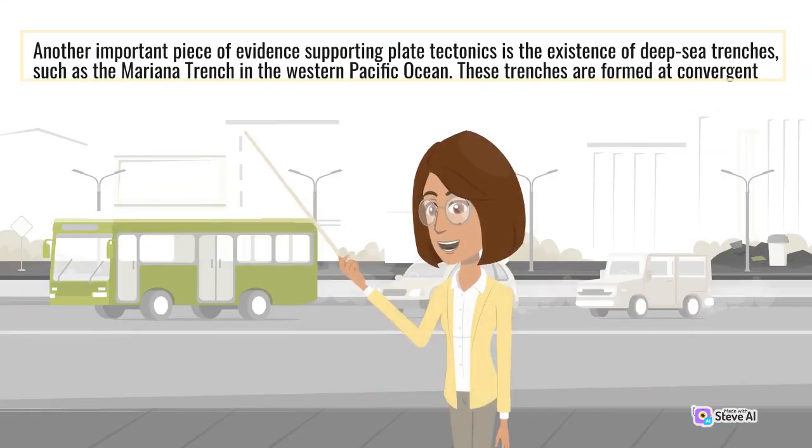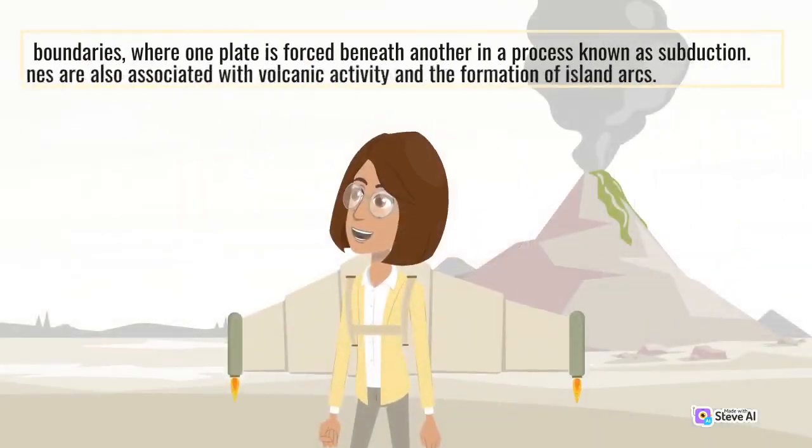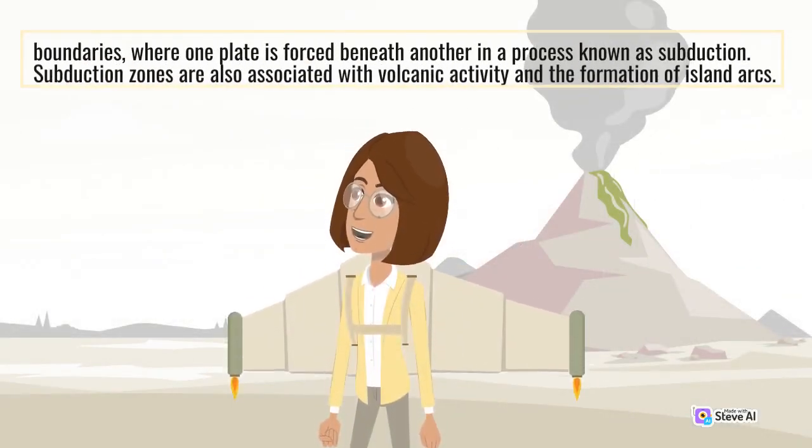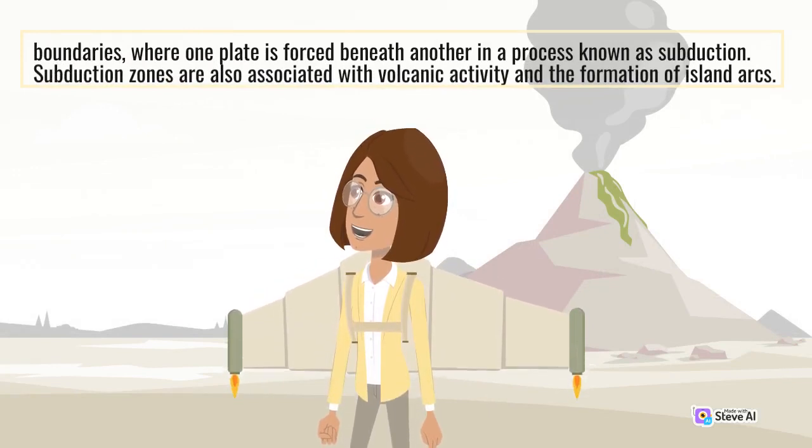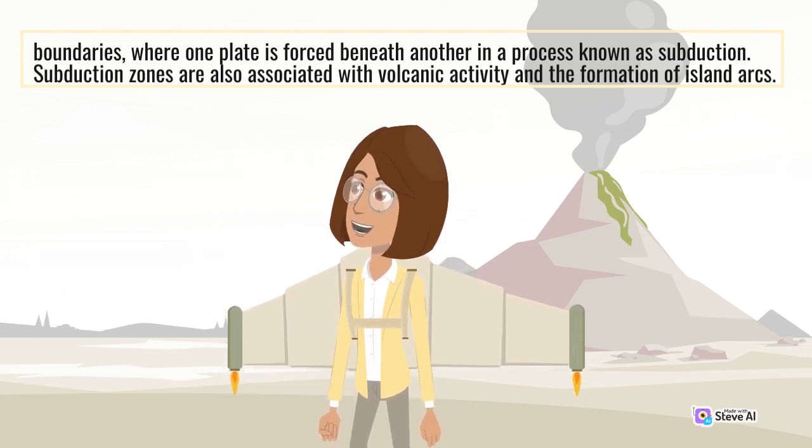Another important piece of evidence supporting plate tectonics is the existence of deep-sea trenches, such as the Mariana Trench in the western Pacific Ocean. These trenches are formed at convergent boundaries, where one plate is forced beneath another in a process known as subduction. Subduction zones are also associated with volcanic activity and the formation of island arcs.